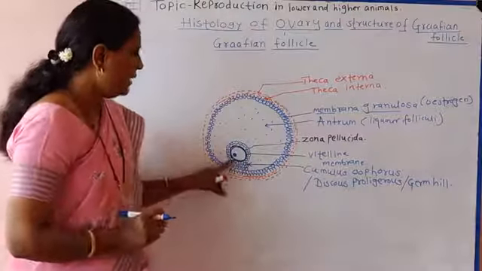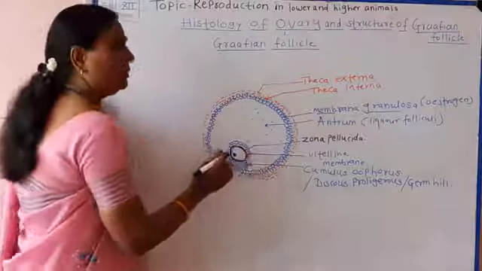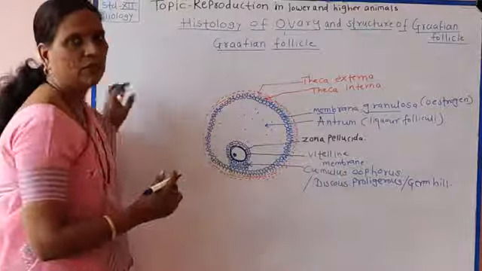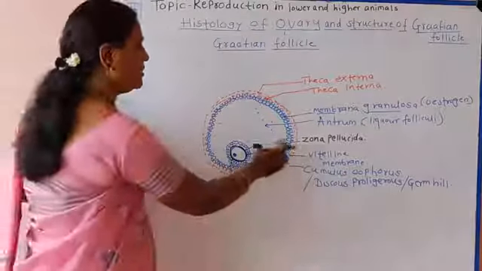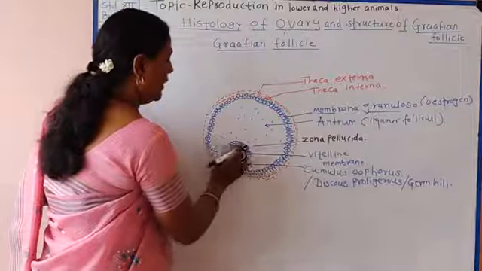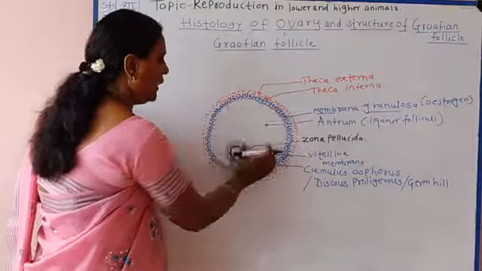Then the secondary oocyte is surrounded by a glycoprotein layer called the zona pellucida, and surrounding this there is a layer of some cells of the membrana granulosa.